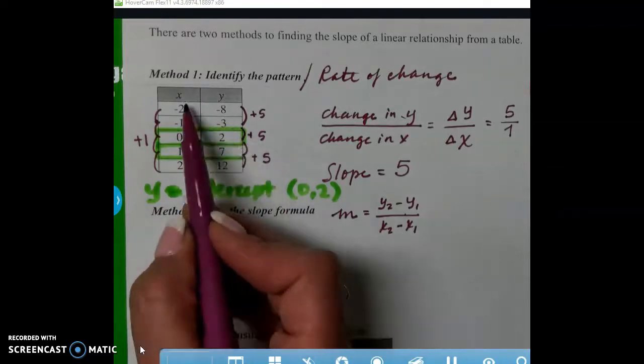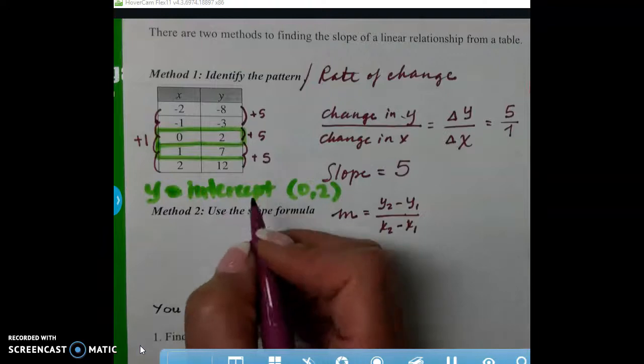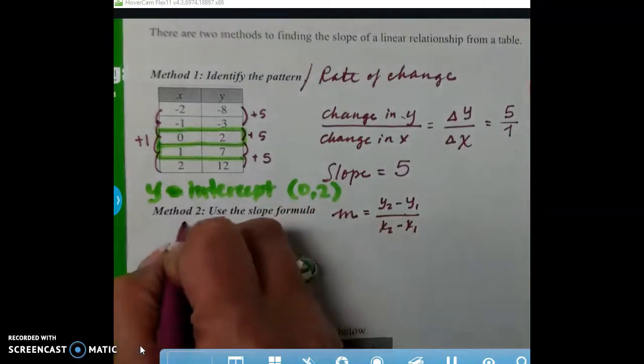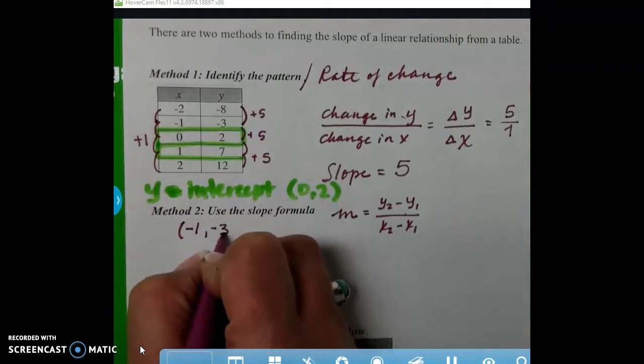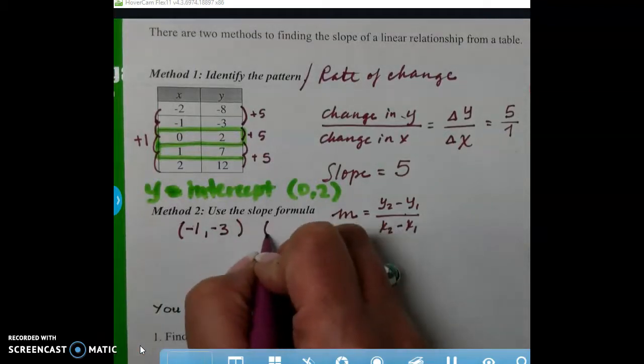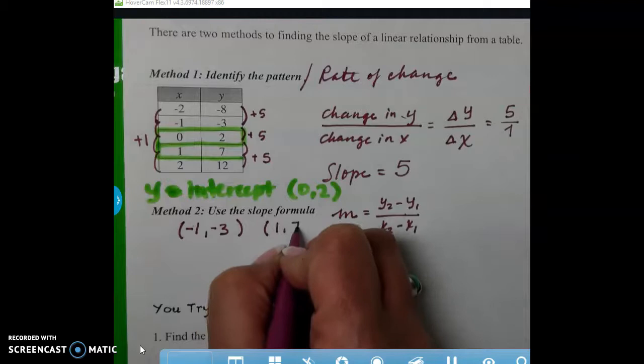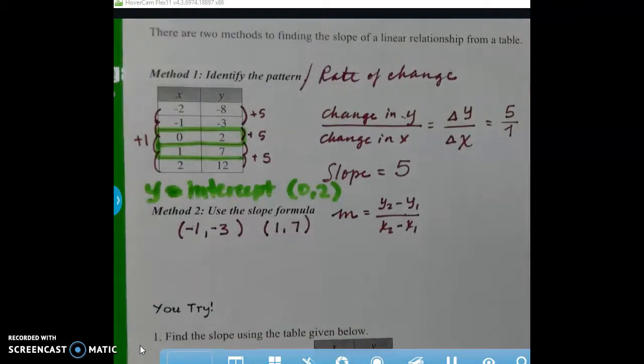So if I wanted to take a couple of these values, my first coordinate point would be (-1, -3). My second coordinate point would be (1, 7), keeping them fairly simple. They do not have to be following each other. They're just two values from your table.